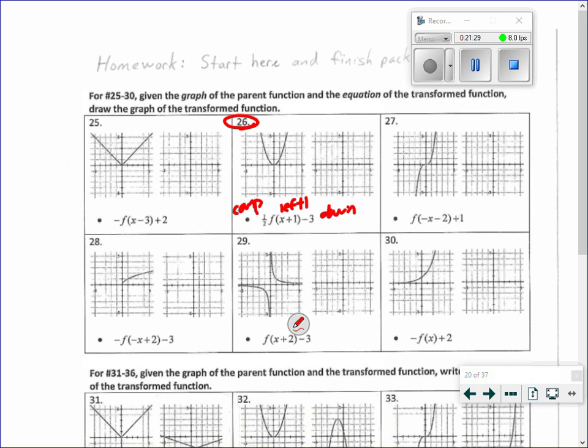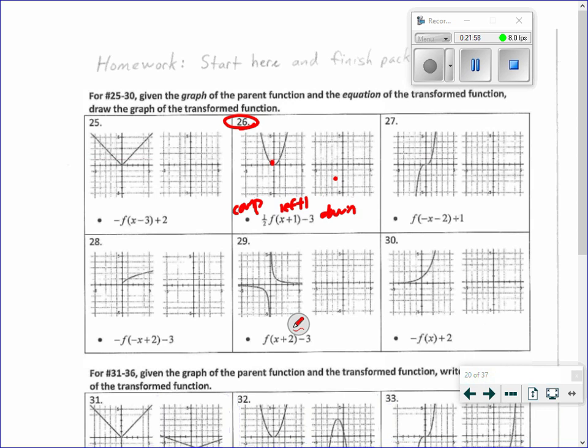I like taking a good solid middle point, moving it wherever I need to, and then making the reflections or compressions. So I'm going to go left 1, and also down 3. That's my new good point. You should have at least 3 good points on your graph. Just 3 is all you really need.